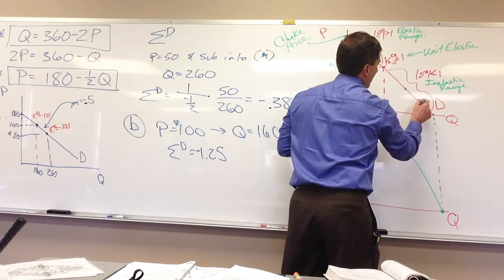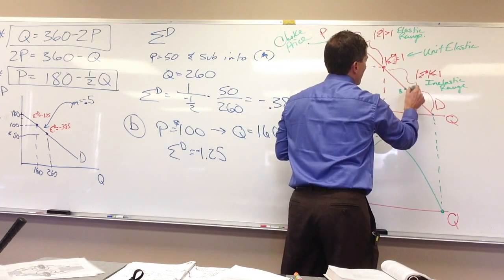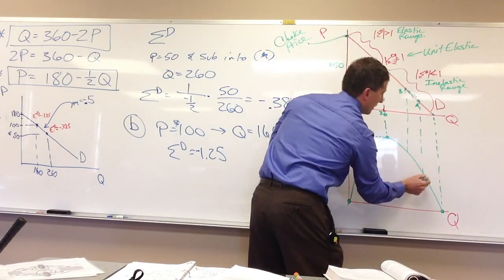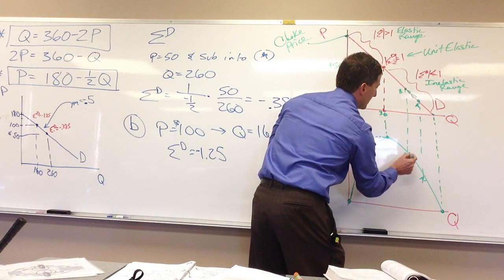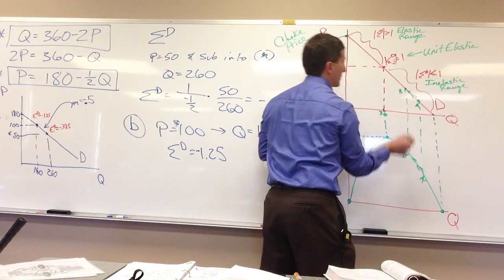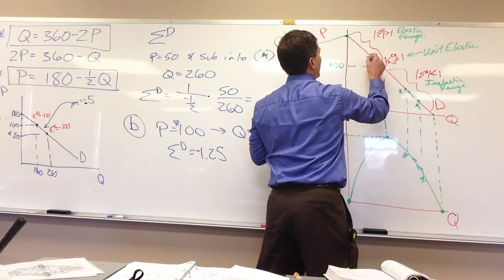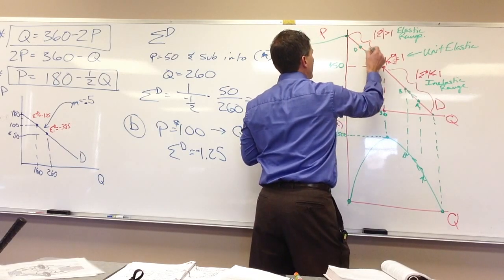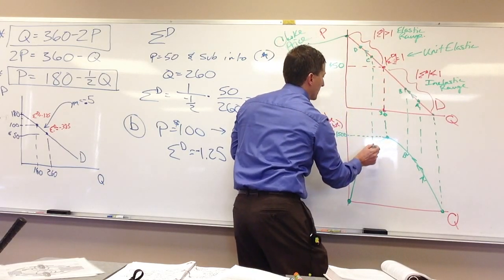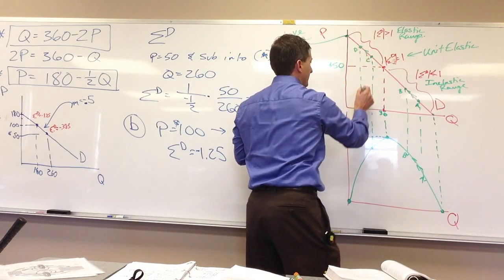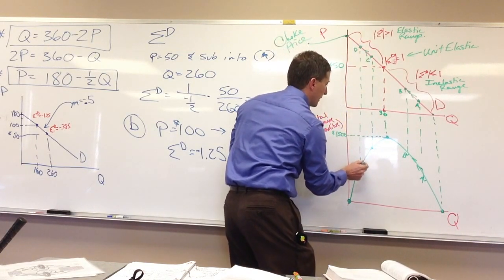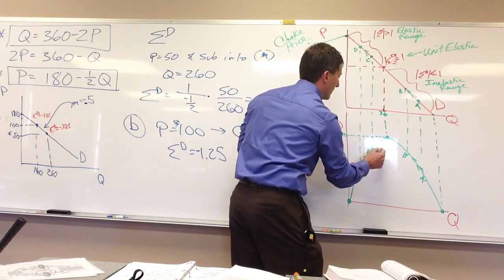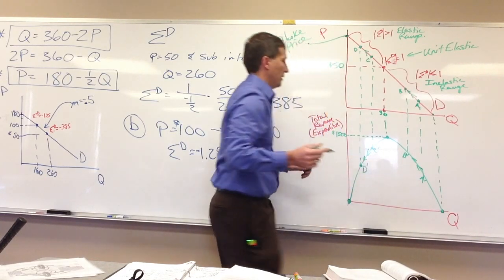The last thing I'd probably put on here would be moving from point A to B moves you along the revenue function from A prime to B prime. It increases revenues. But moving from point C to point D, an increase in price directly corresponds with a decrease in spending by the consumer, or revenues therefore for the firm.